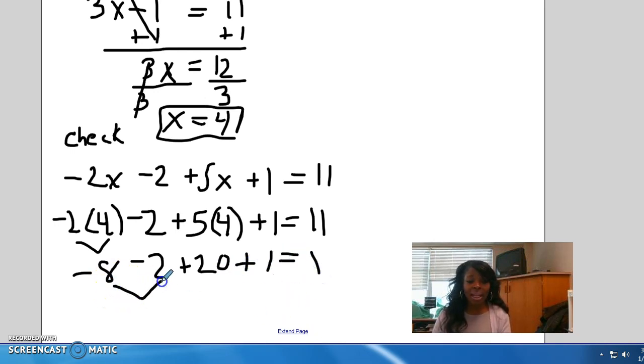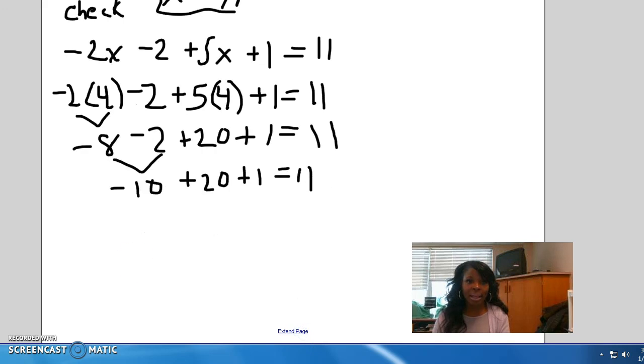Well, negative 8 and negative 2 is negative 10. Plus 20 plus 1. Does that equal 11? That's what we're trying to figure out. Is our solution correct? That's why I keep saying, does that equal 11? Next step. Negative 10 plus 20. Well, I have 20 positives and 10 negatives.